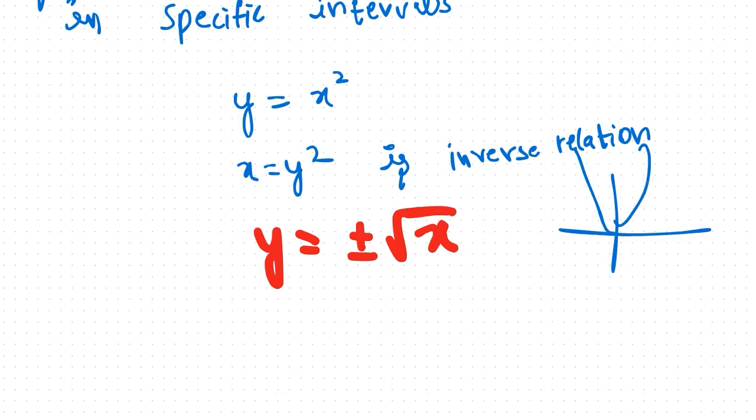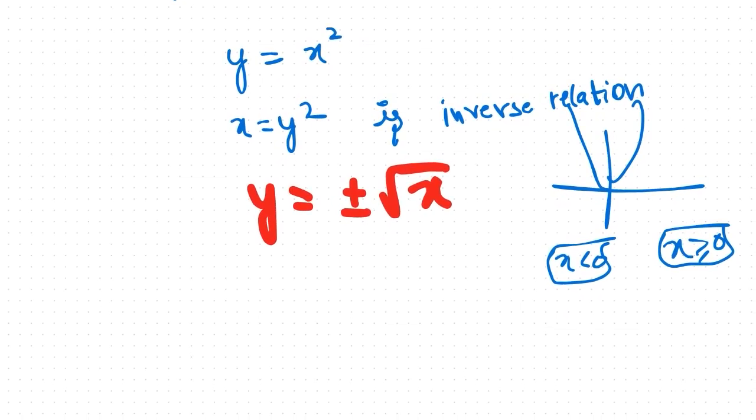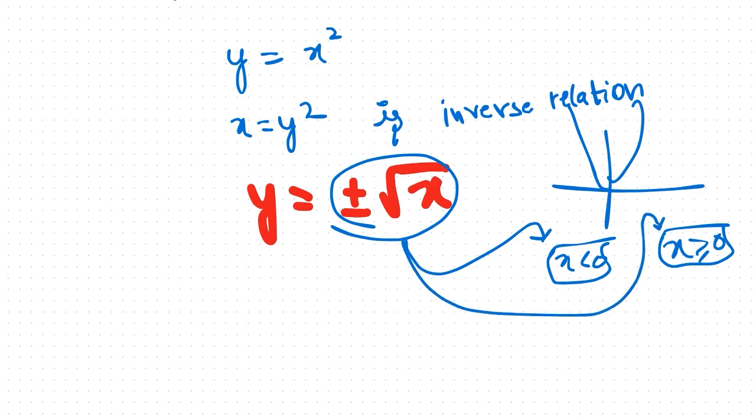Any doubt? So we have to consider two intervals, x less than 0 and x greater than or equal to 0. Can you guess which of these exists for each interval? For the first interval, it's going to be y is equal to negative root x.